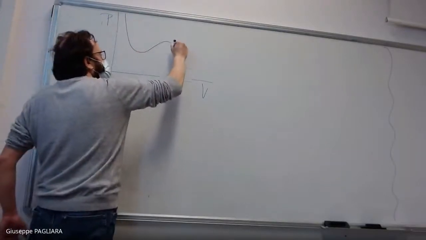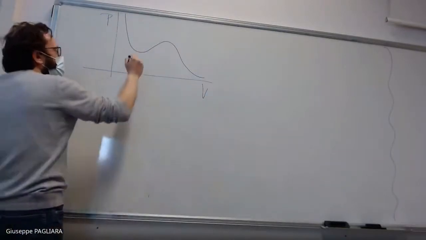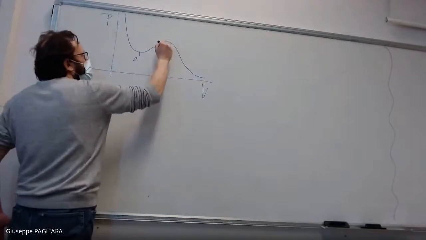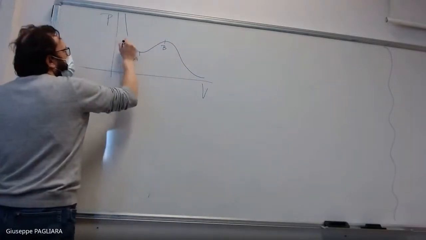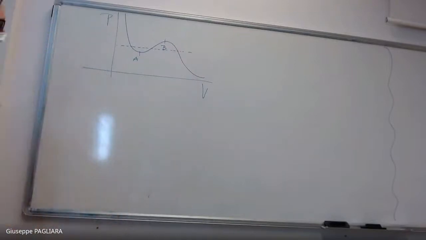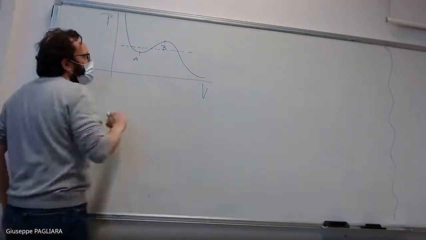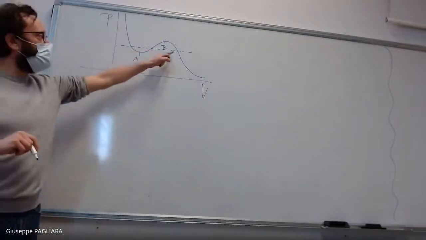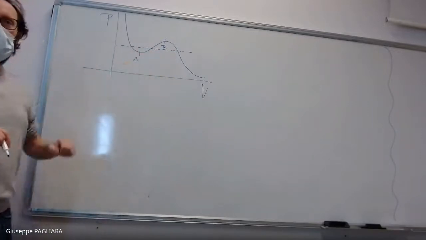So this was the equation of state of the real gas. This is the unstable branch, and this is the pressure of equilibrium. Now, at equilibrium, you will have a plateau here in the pressure.